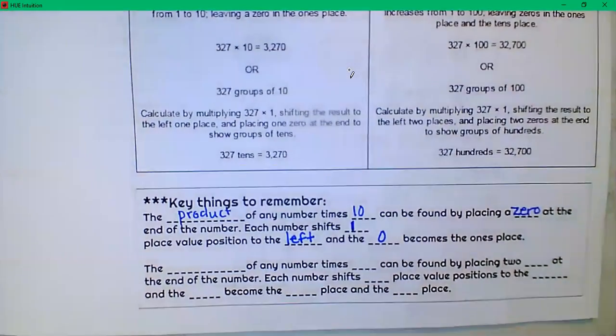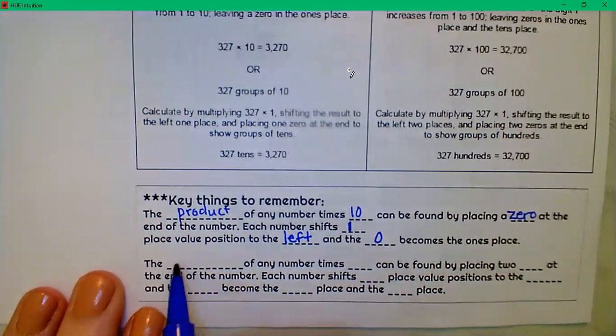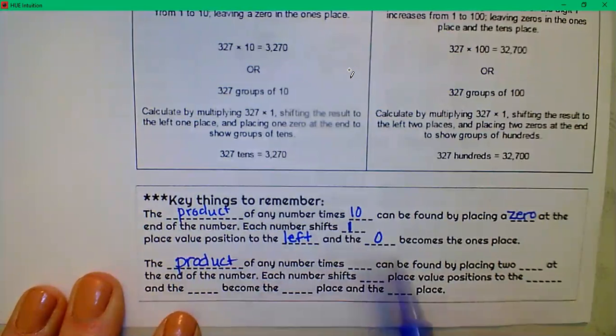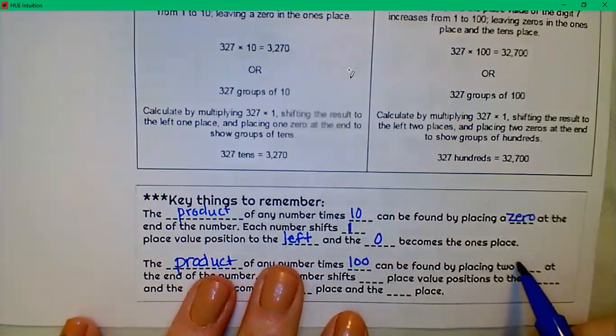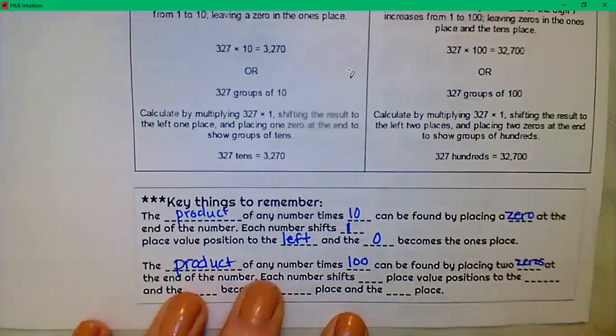All right? So now we're switching gears to the second example we got. So we're still going to use the product, but now it is of any number times what? 100. This can be found by placing 2 zeros at the end of the number.